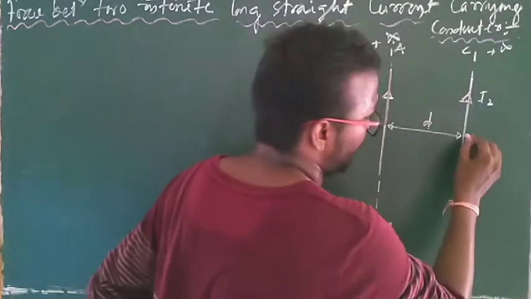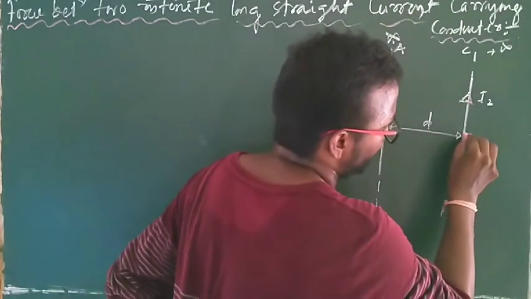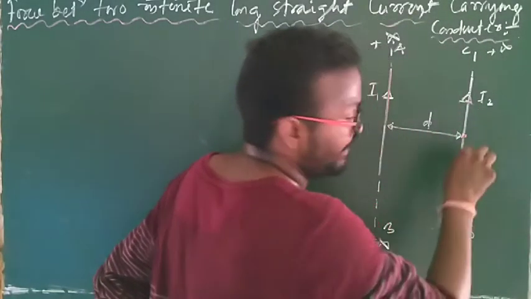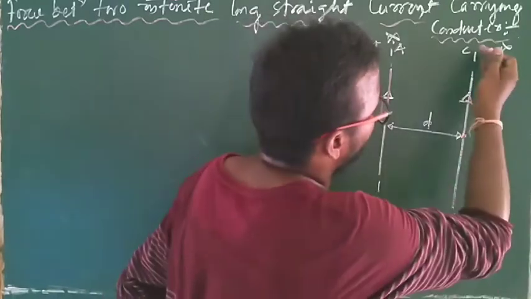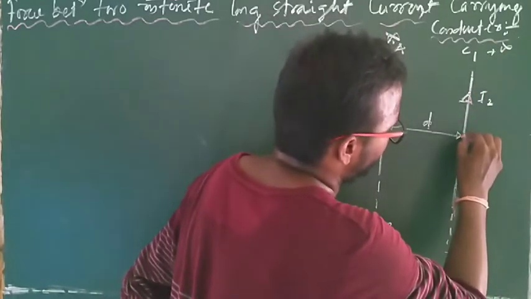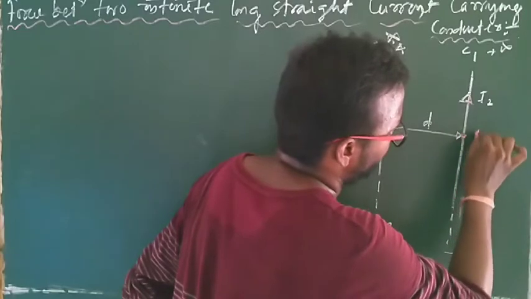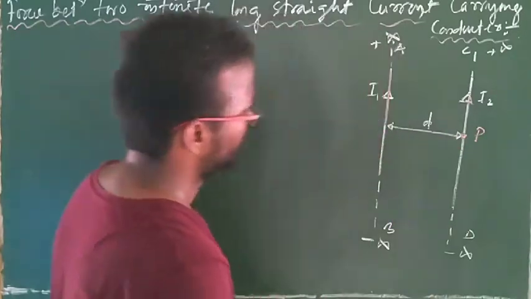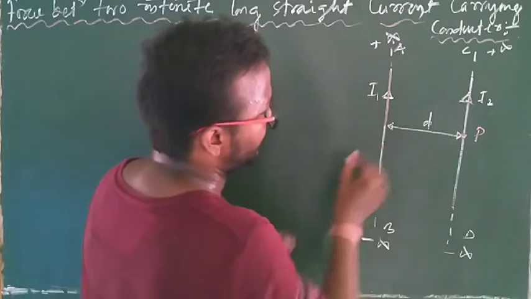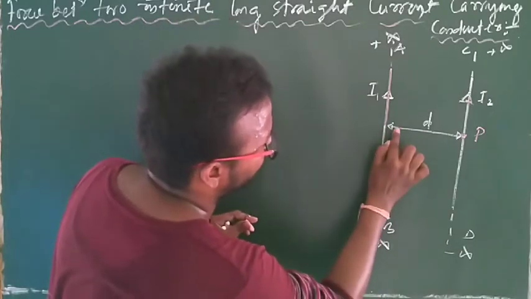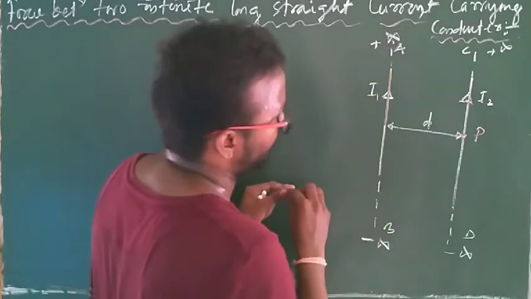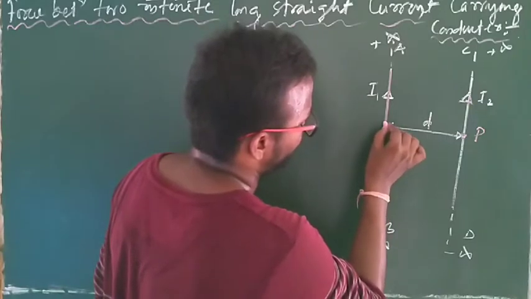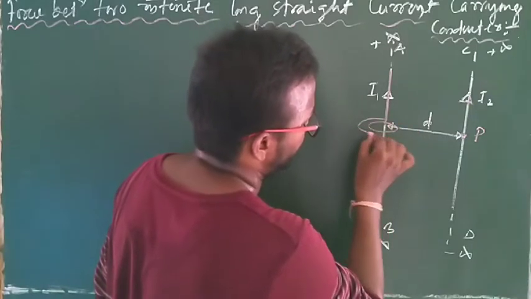Suppose we take a point P here, which lies on the conductor CD. We know the magnetic lines are concentric circles. If this is the direction of current, the magnetic lines go in this way.